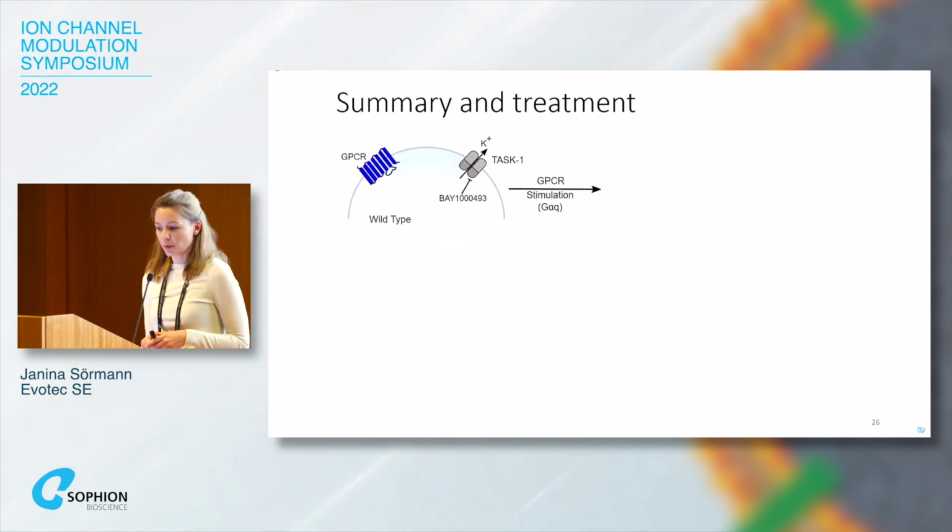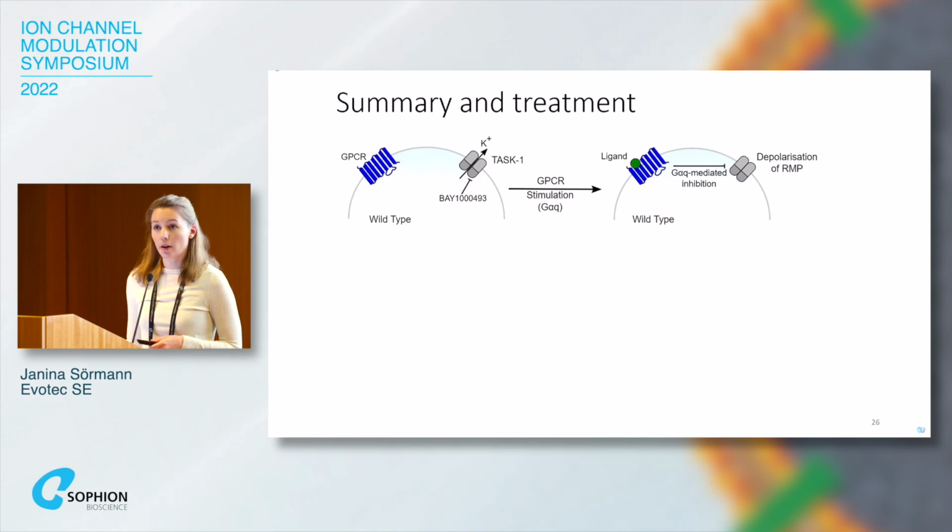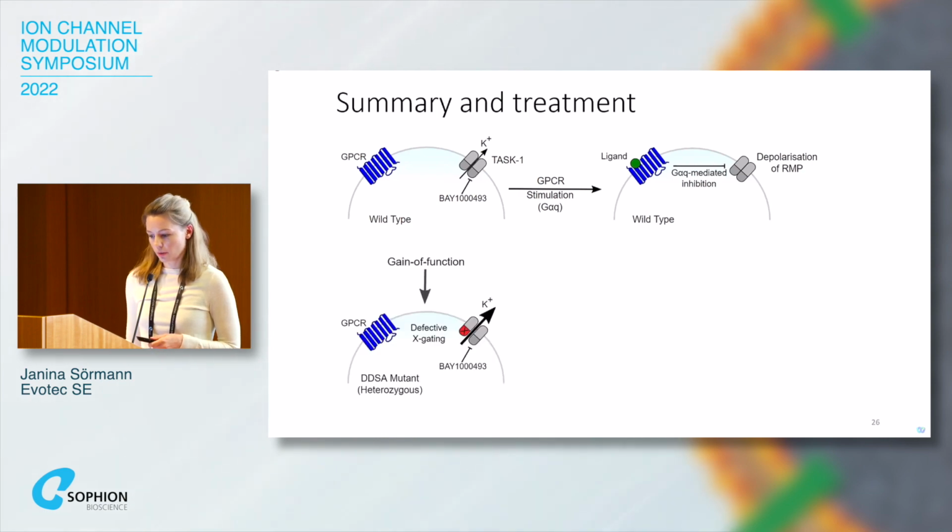So this brings me to the summary of this story. In healthy cells, we have small potassium outward currents by TASK-1, which can be easily inhibited by GPCR inhibition. However, in our patients, we have much bigger currents, even under heterozygous conditions.